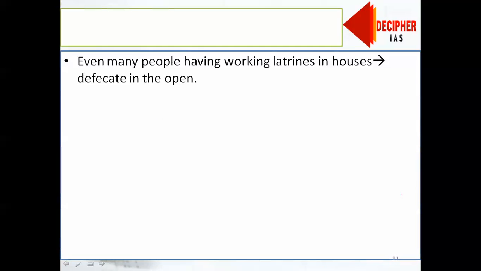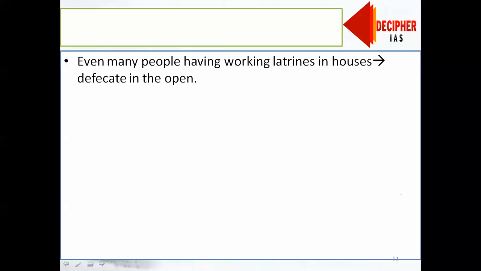So let's move ahead. Even many people have working latrines in their houses where some members go and defecate, but some other members of the same household still defecate in the open. So this must have something sociological in its reasoning.